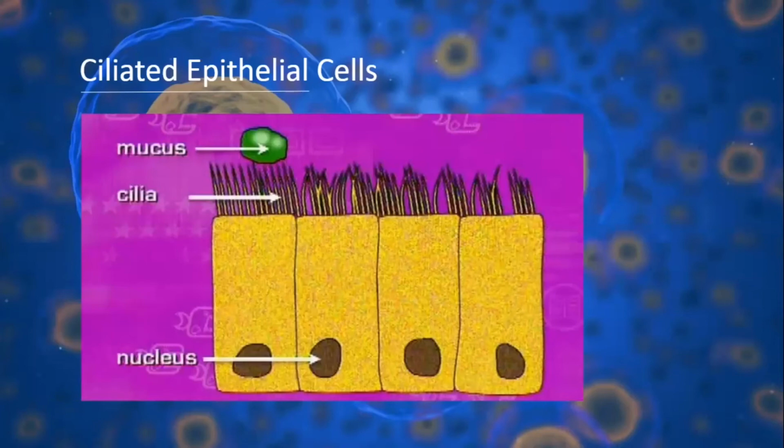The cilia beat to move substances in one direction along the surface of the tissue. For example, the lining of the airways contains lots of ciliated epithelial cells. These help to move mucus and all of the particles from the air that it has trapped up to the throat so it can be swallowed and doesn't reach the lungs, or even coughed.